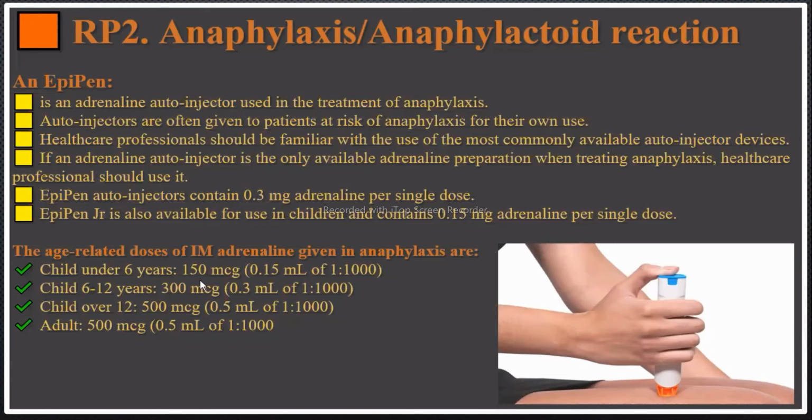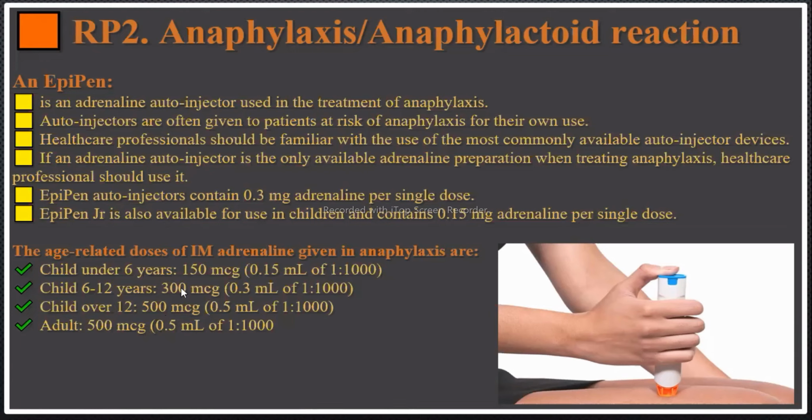As you know, the dose is 0.5 ml or 0.5 milligram for more than 12 years. So child over 12 or adult, you can use 500 microgram or 0.5 ml or 0.5 milligram, same.